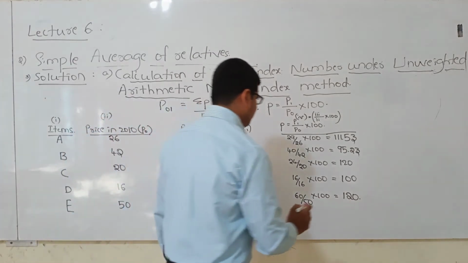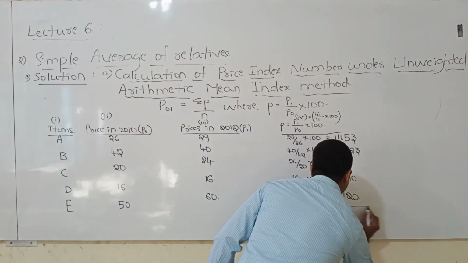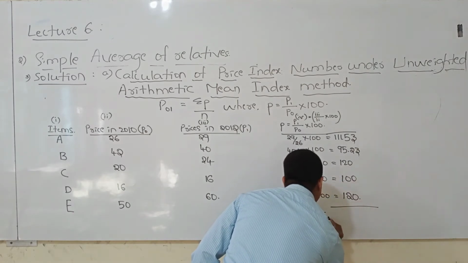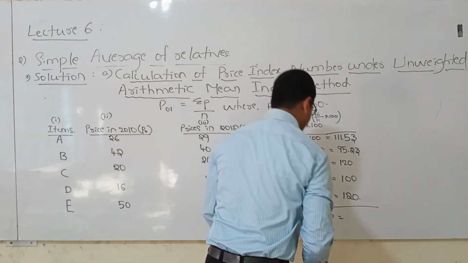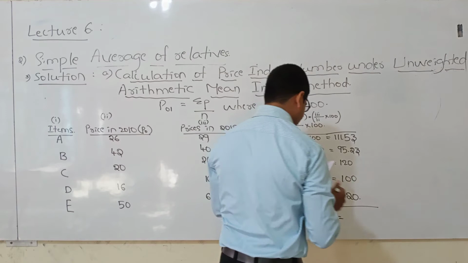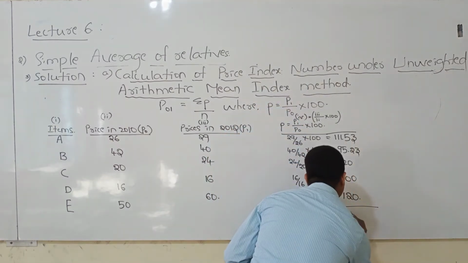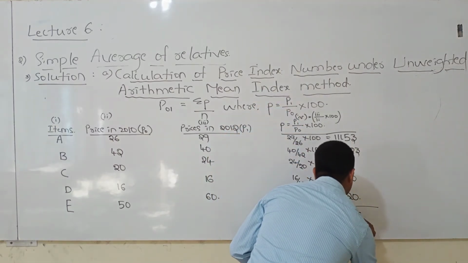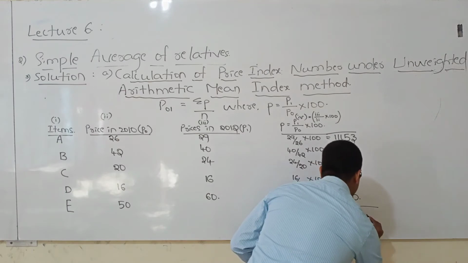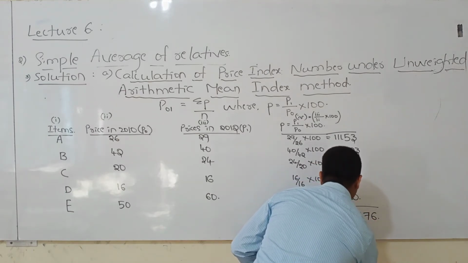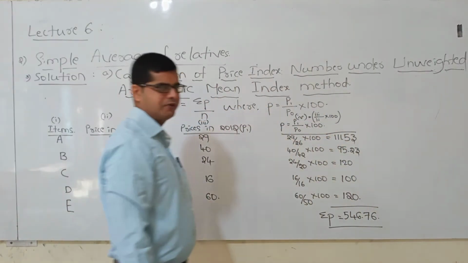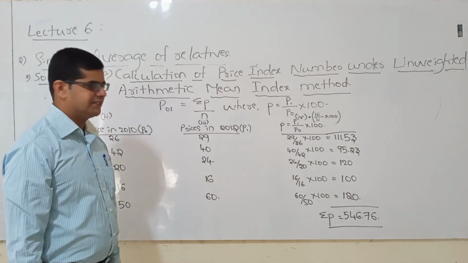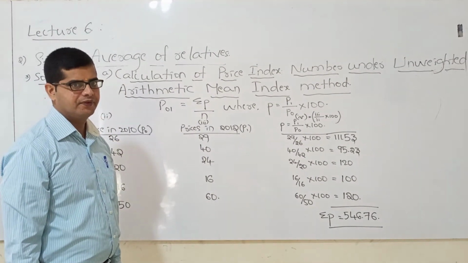Once we get the total of these, that is our summation P, which is equal to 546.76.